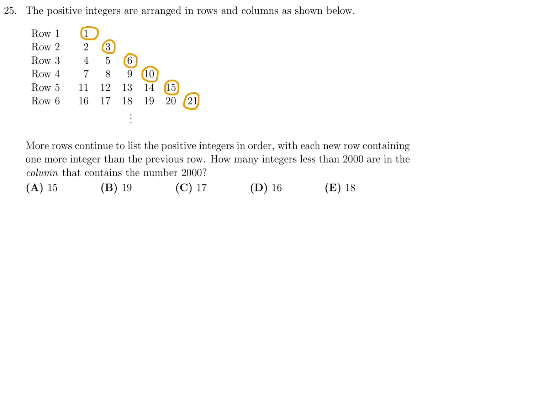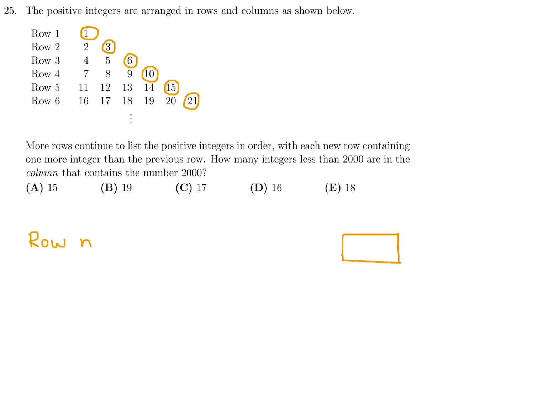So that means if you have row n, the last number of that row is going to be the sum of all the numbers from 1 until n.